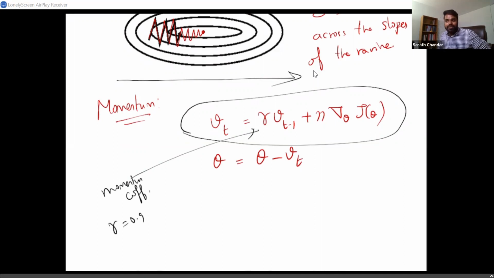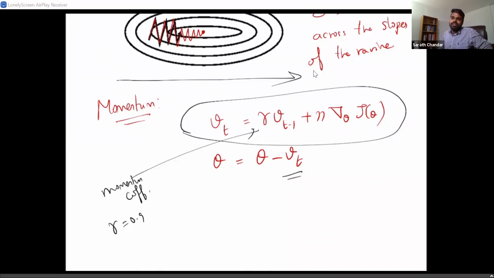Now Vt is integrating the gradients. If I'm getting a positive gradient for a long time in the same direction, then this is going to integrate over time and increase the speed of the update. On the other hand, if I'm getting tiny but consistent gradients across a certain direction, this is going to increase the speed at which gradient descent is moving in that direction.